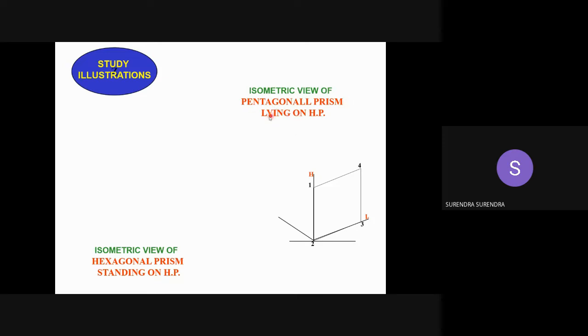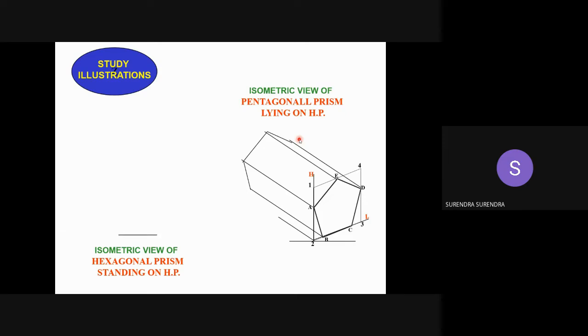So when it is lying on HP, lying on HP means the face should be perpendicular. So draw the face in vertical position, no need of this outer square, pentagon, and from each and every corner draw the lines at 30 degrees inclination towards left equal to the length of the axis. Draw up to the length of the axis and join those corners.